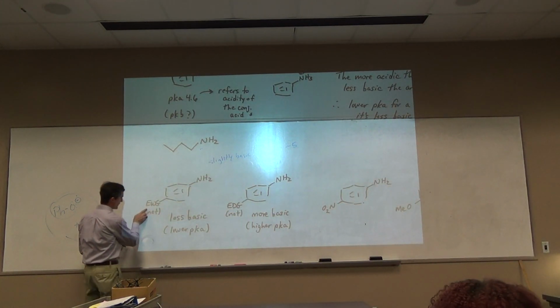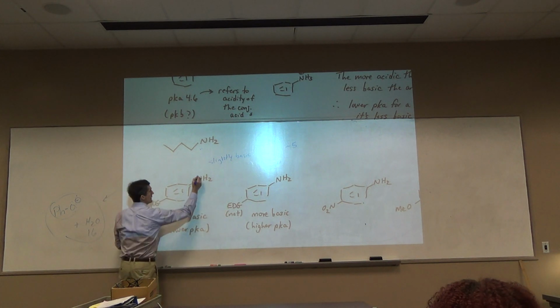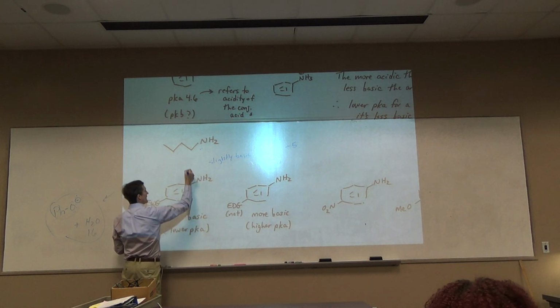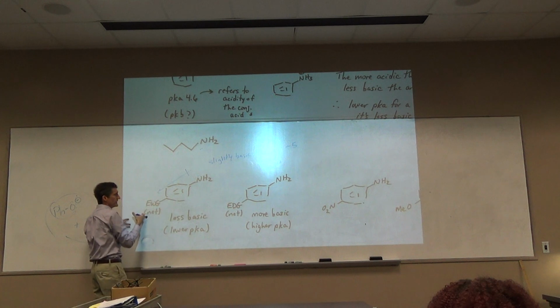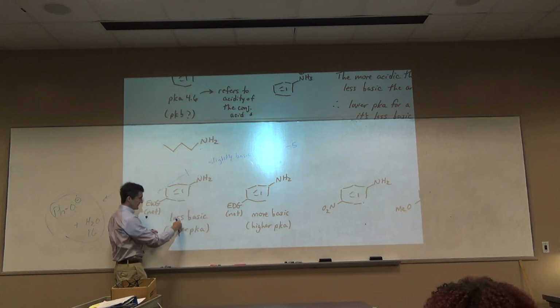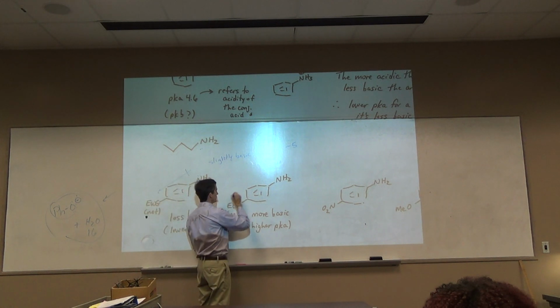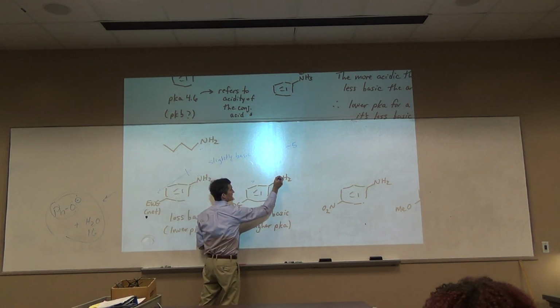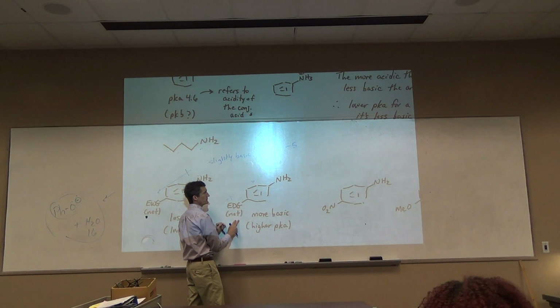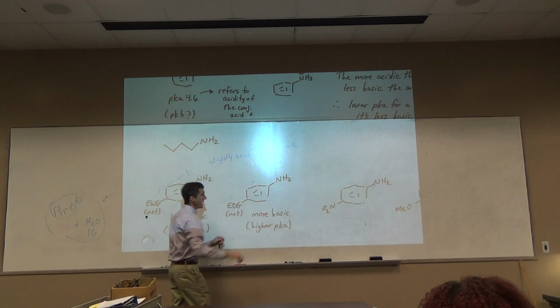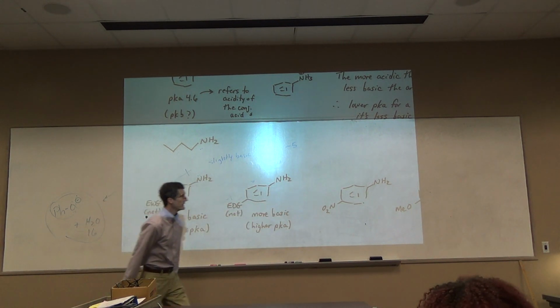Of course, if we have an electron withdrawing group, that's going to pull these electrons into the ring, make them less basic, lower pKa. We have electron donating. Well, then these electrons are not going to be moving so much into the ring, and they're more available to react. More basic, higher pKa.